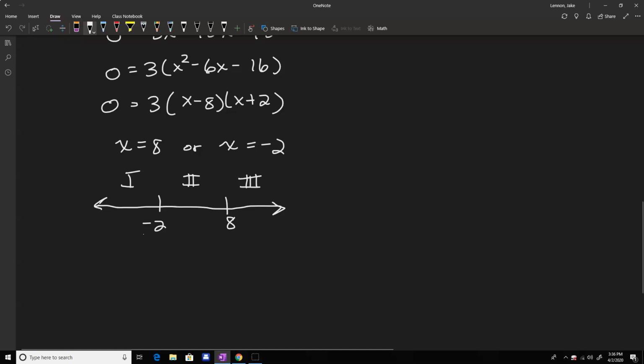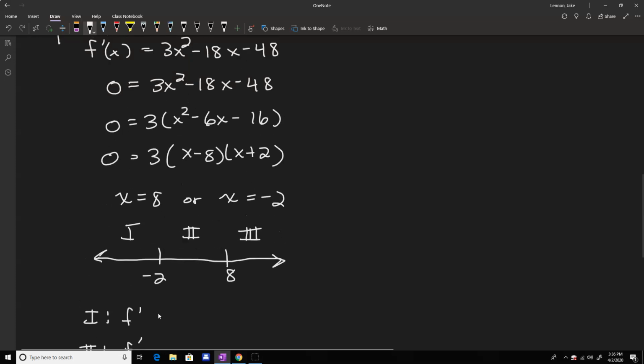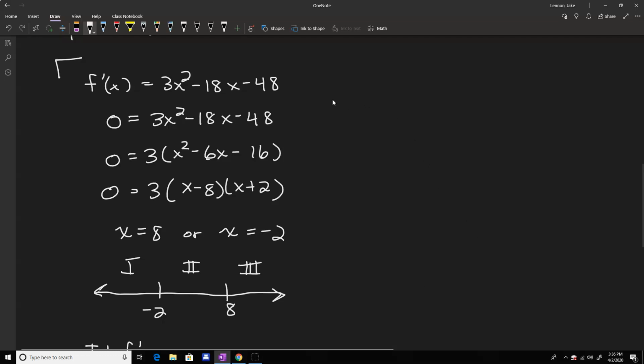The only places it's going to be 0 is negative 2 or 8. So region 1, region 2, region 3. We want to know, is the first derivative bigger than 0 or less than 0 in these regions? So the easiest region to test is region 2. Again, we're testing the critical points here.